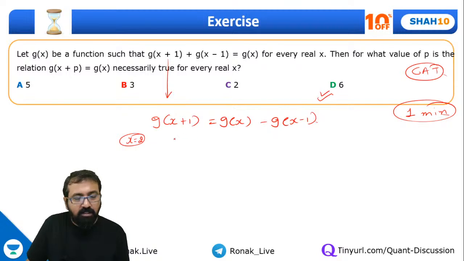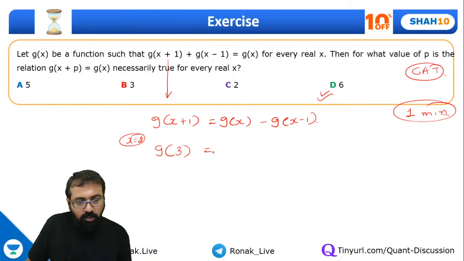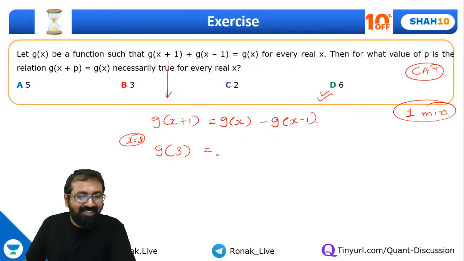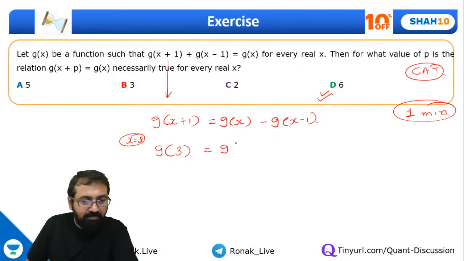If I take x equal to 2, I'll get g of 3 is equal to g of 2 minus g of 1.